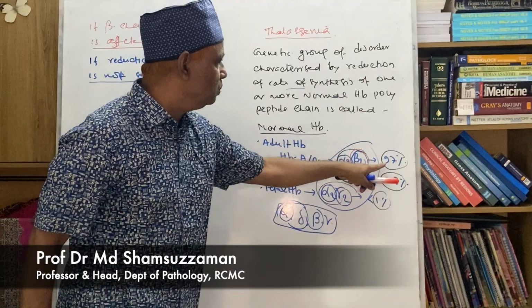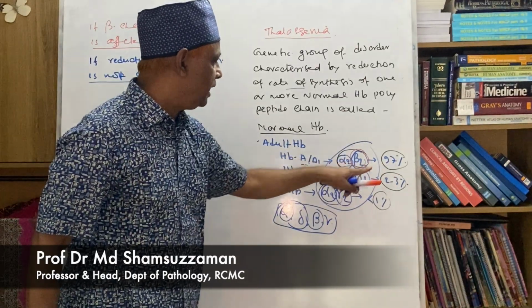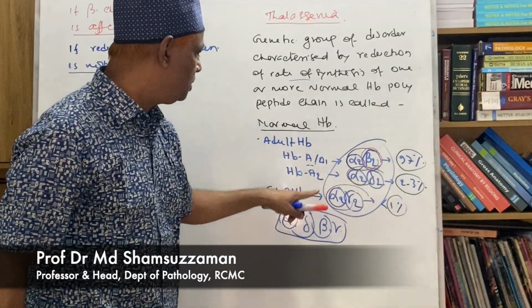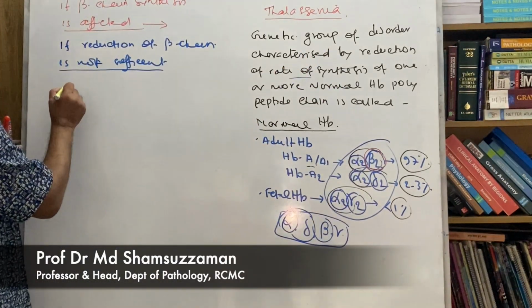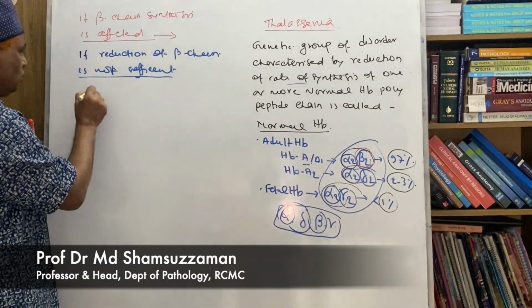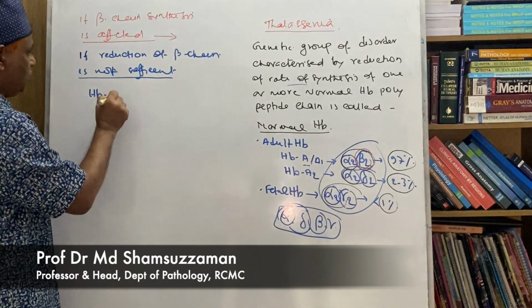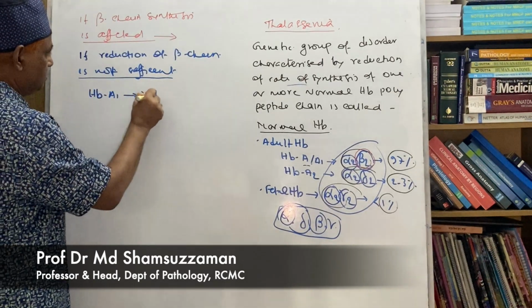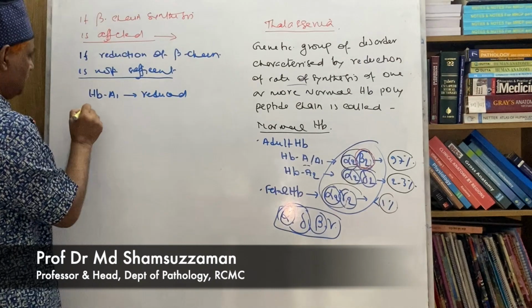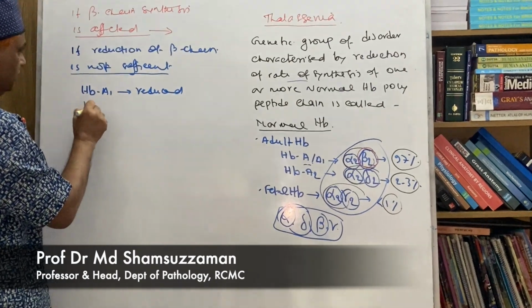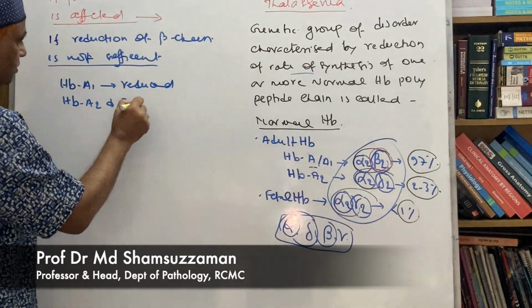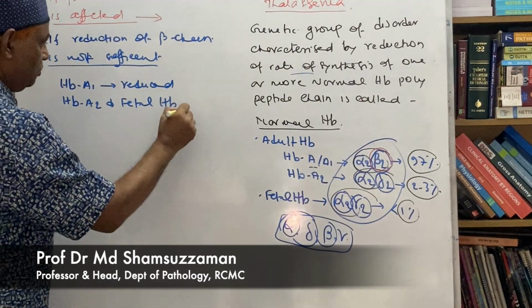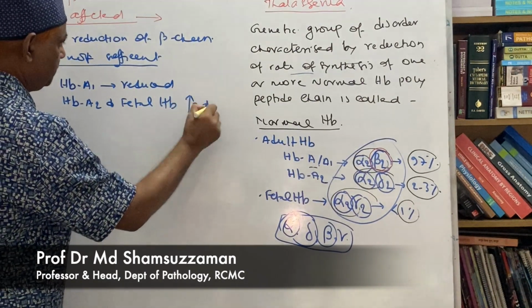A1 will be reduced. And at the same time A2 and fetal hemoglobin will be increased. Here hemoglobin A1 is reduced, but hemoglobin A2 and fetal hemoglobin, these two will be increased.